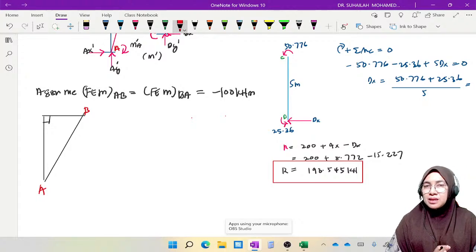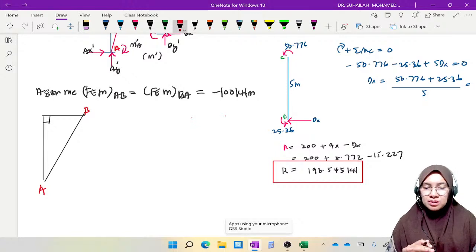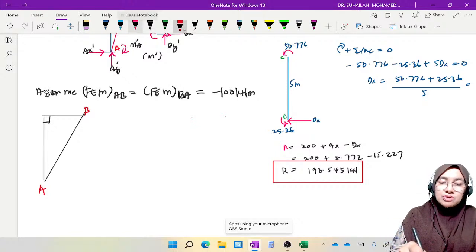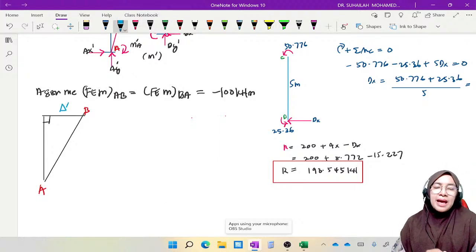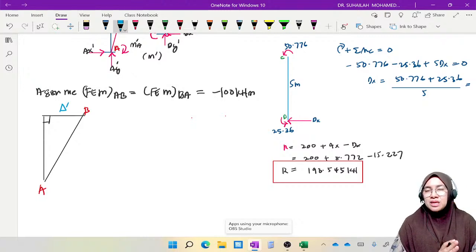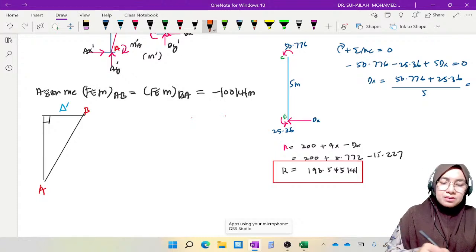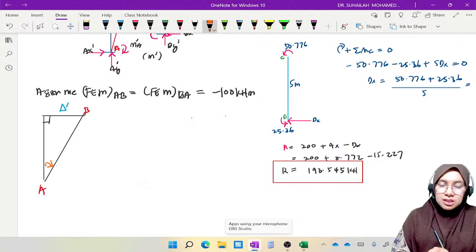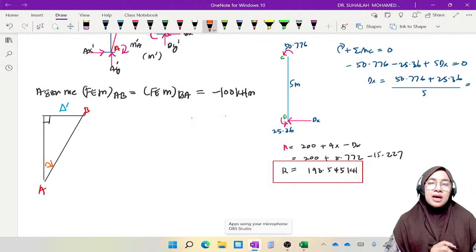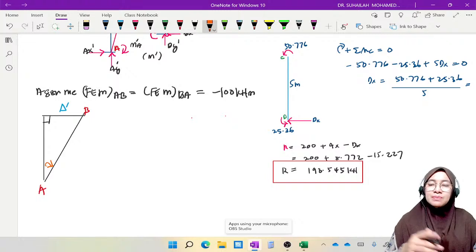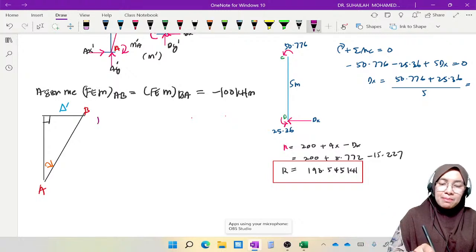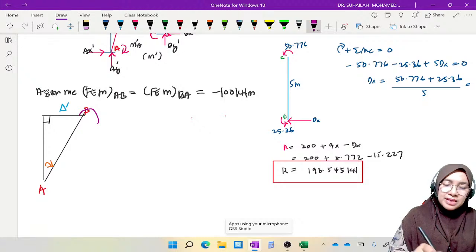The column is vertical, so perpendicular is horizontal. So delta is horizontal. This is delta, so this is delta prime. The original position is vertical, so the rotation is clockwise, and the FEM must counter it. That is why the moment that we assume is negative.